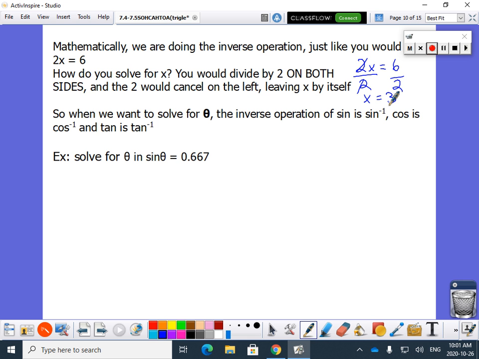Okay? So, solve for theta, and sine theta equals 0.667. I'm just going to rewrite that here. Sine theta equals 0.667.